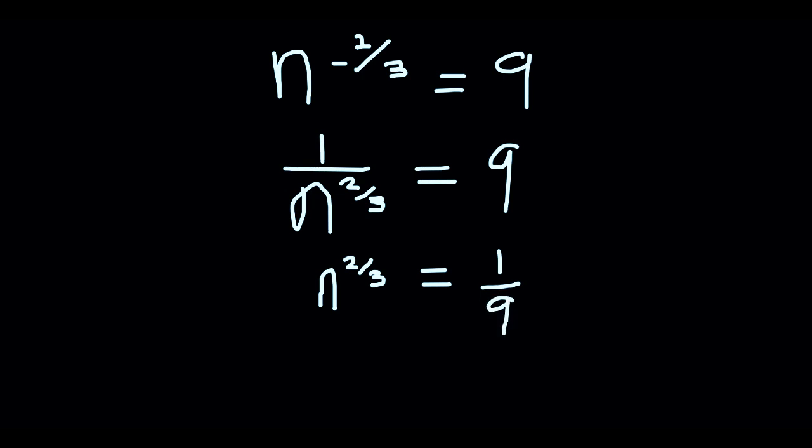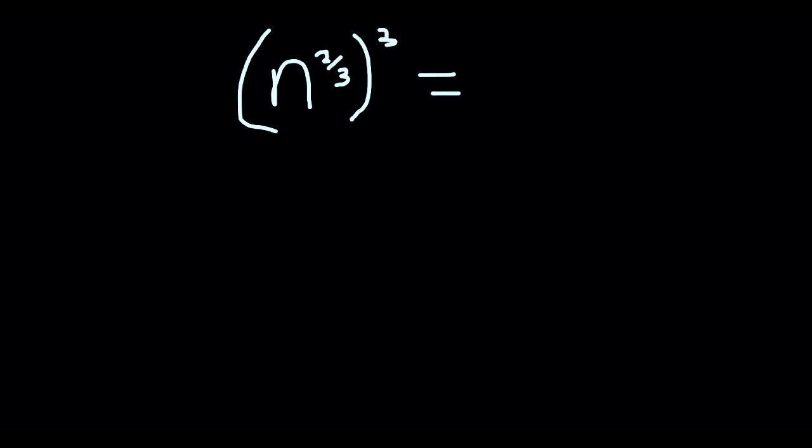From here, next we can do is to take the cube of both sides. So we have n power of 2 over 3 into bracket cube, then equals 1 over 9 into bracket of 3.